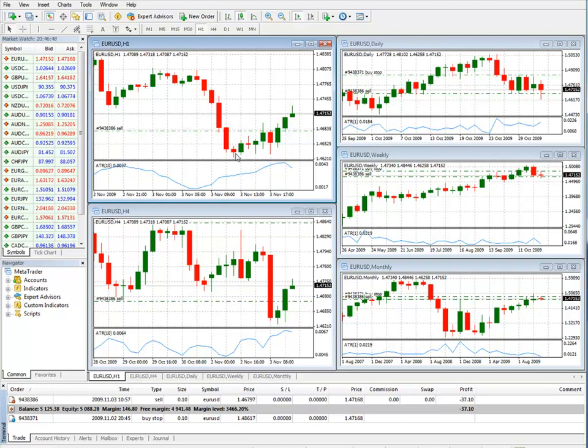So we've had an opportunity here to take profits if that is what we wanted to do. We wanted to stay in this trade longer for the purposes of demonstration and not set any trailing stops.